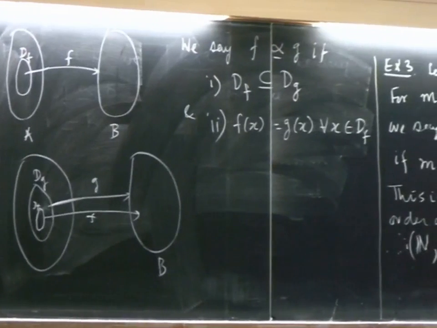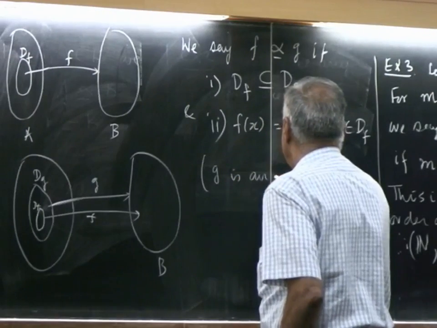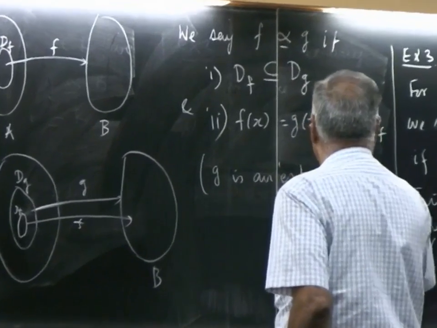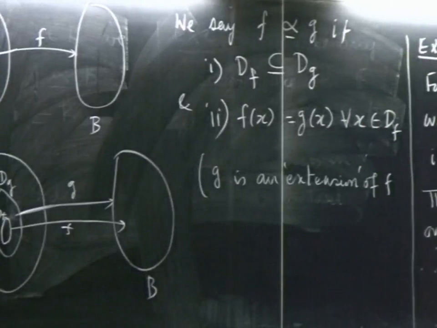This is what is said, that g is an extension of the function f. So, we simply say g is an extension of f. Now, extended the function, but without losing the old values. Okay. So, we say f is related to g if g is an extension of the function f.